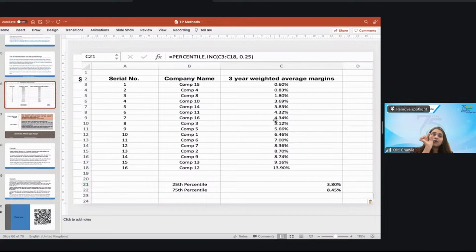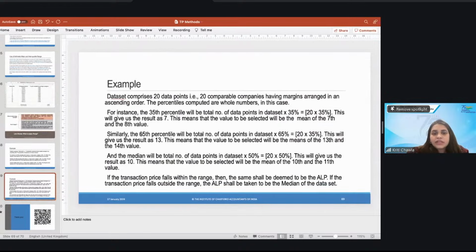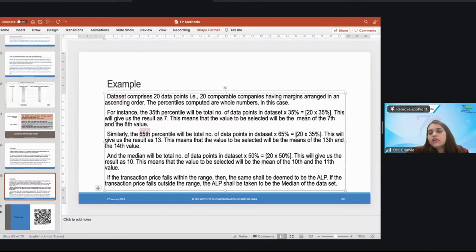So if you get a whole number, a 7, what you do is use the 7th margin and the 8th margin and compute the arithmetic mean. That will be the 35th percentile. Similarly, what is the 65th percentile on 20 data sets? The result is 13.